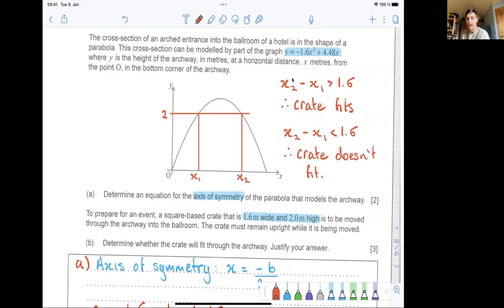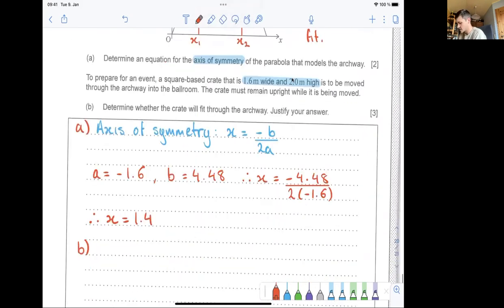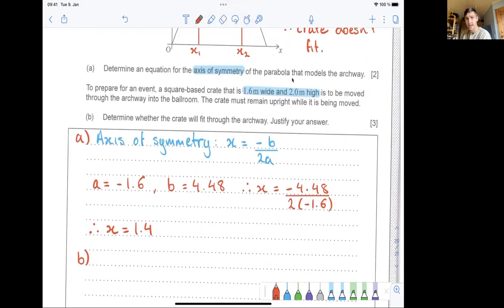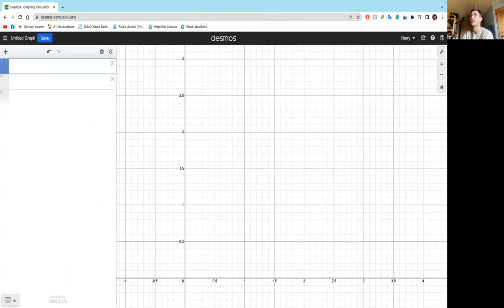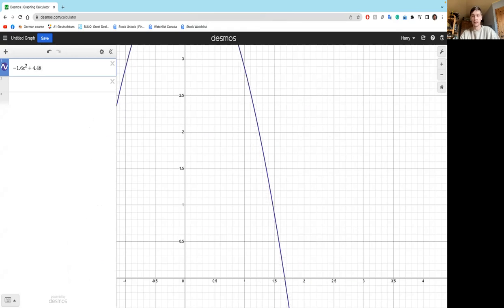All right, so let's go find this out, and I'm going to bring you over to Desmos. It's slightly easier to visualize, but do find out how to do these graphs and find these intercepts in your own calculator. Okay, here we are, and so our graph is negative 1.6 x squared plus 4.48 x.